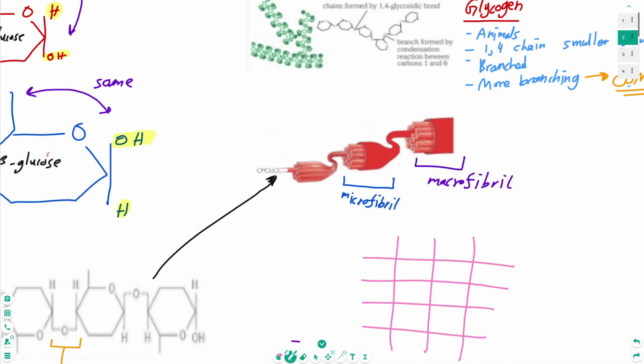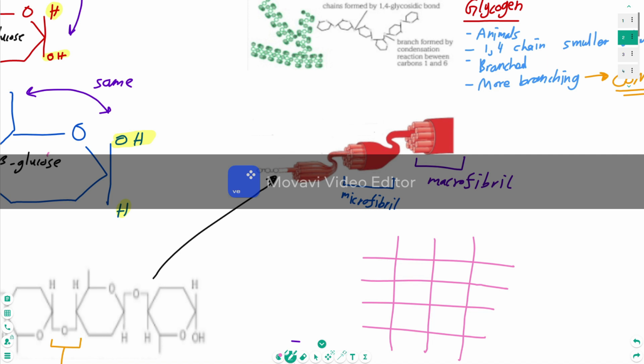So because of this, it's a very good building material for the cell wall of plant cells because of its very high tensile strength. That's the main feature.